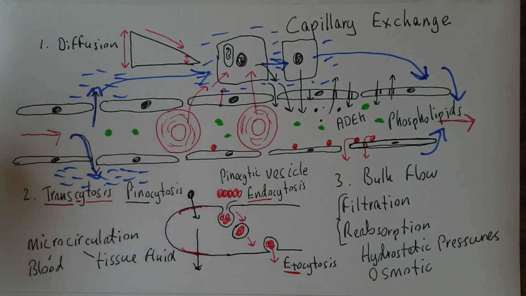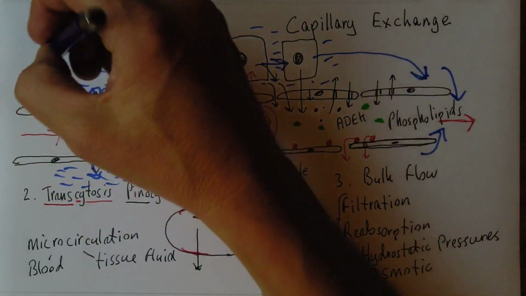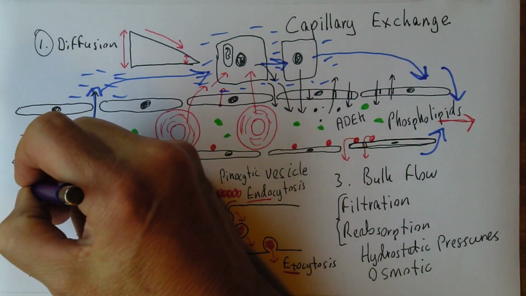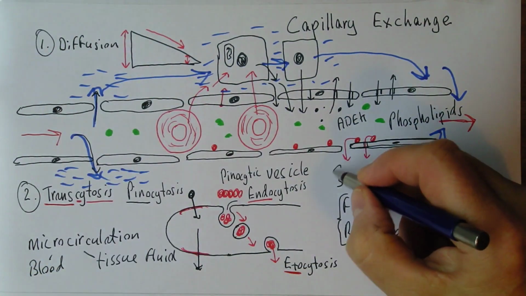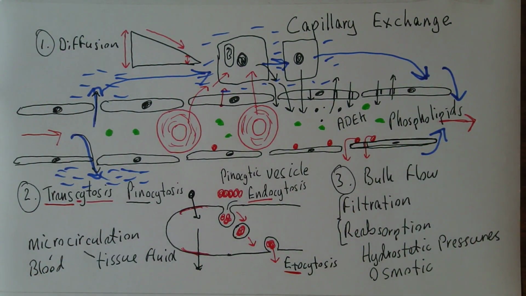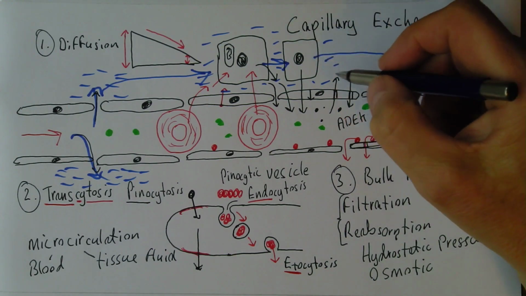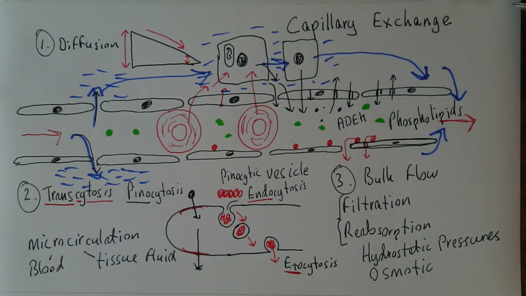So the microcirculation facilitated by the arrival of blood in the arteriole, the exiting of blood via the venule. And it's these three processes, the diffusion, the transcytosis and the bulk flow, that maintain the viability of all body cells.